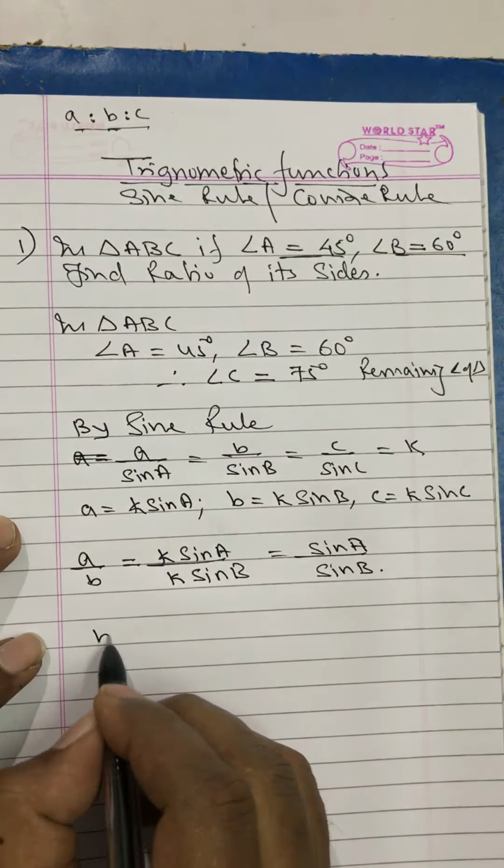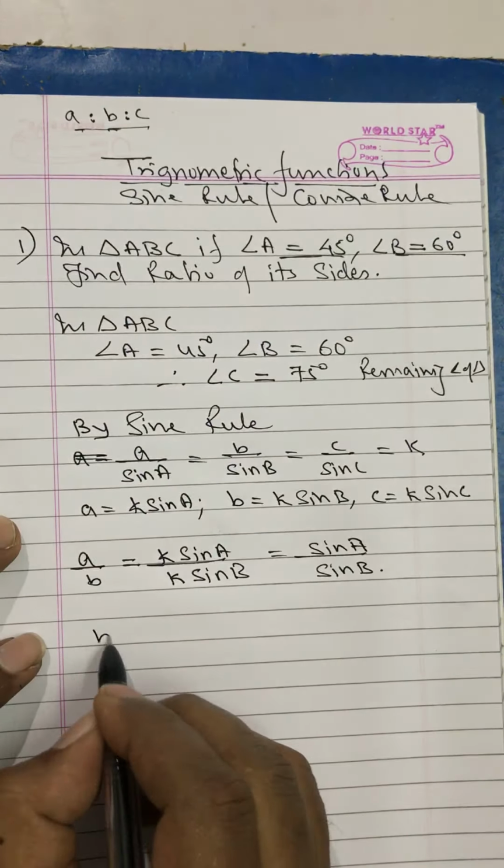This I can do because the connecting ratio b is the same over here, k sine B in both. So I can straight away write it: it is equal to sine A is to sine B is to sine C.